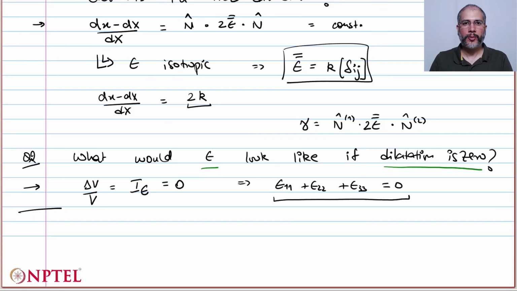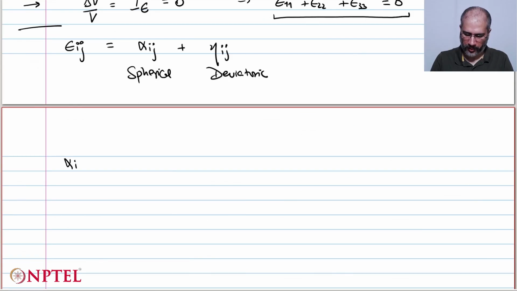And now with these two questions, you may have realized what we are heading towards. We can split any tensor into its spherical part and its deviatoric part. The spherical part in this case is given as 1/3 of the mean normal strain, that is epsilon kk, times delta ij. It's an isotropic part of the tensor.